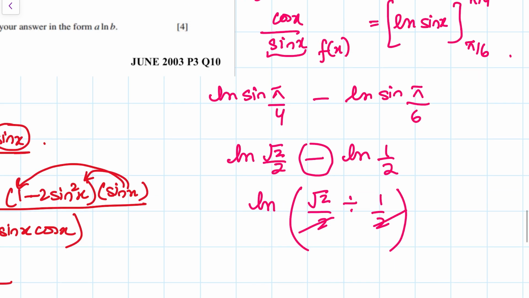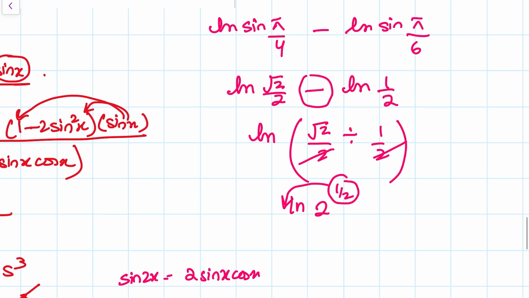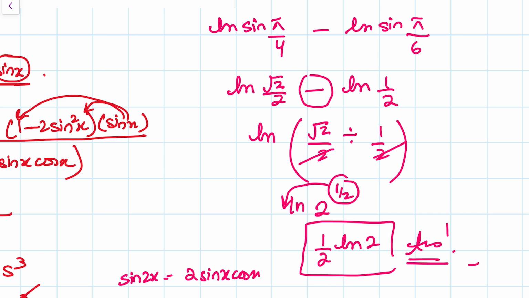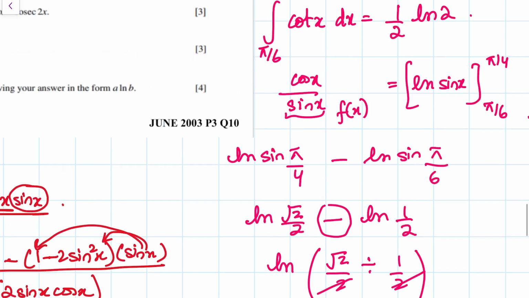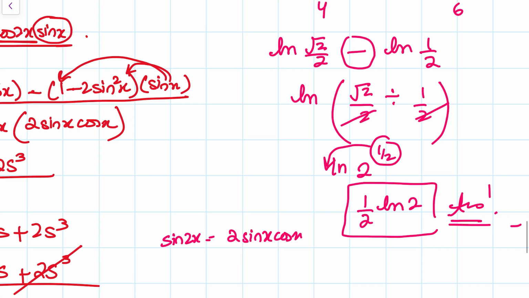This 2 and 2 cancel out. And ln root 2 means the power is 1 upon 2. This power comes down and becomes a coefficient. So this is going to be my answer. I hope it is clear. And this is what they wanted us to prove. So we have proven it.